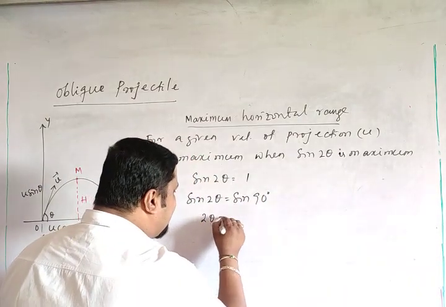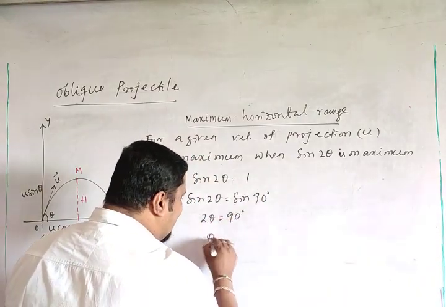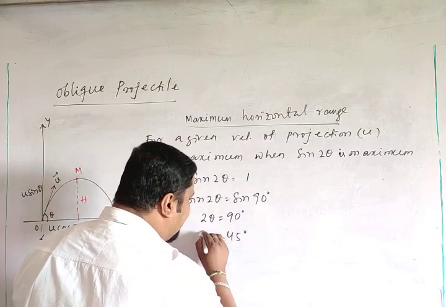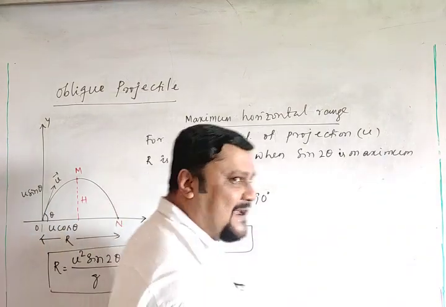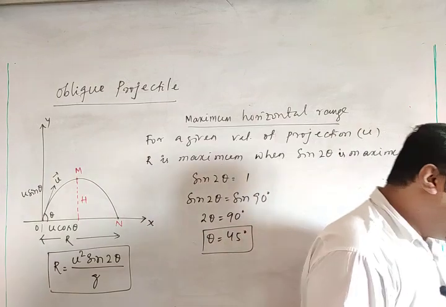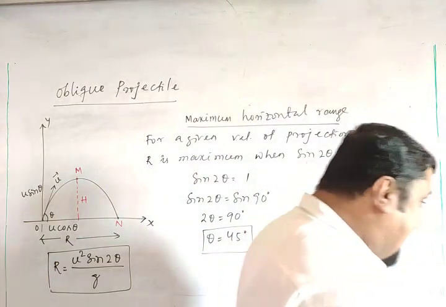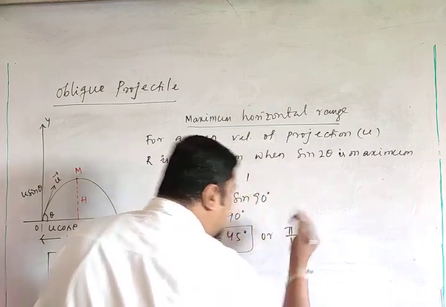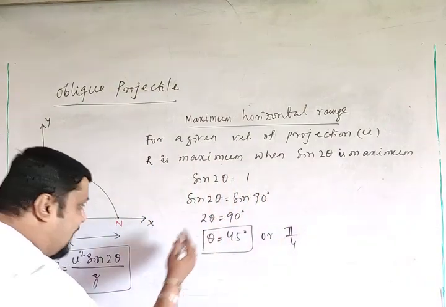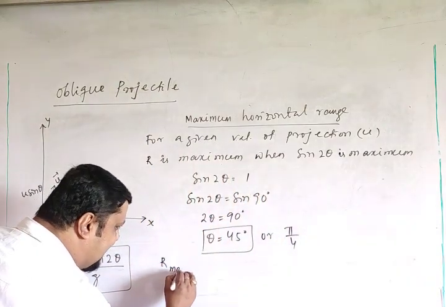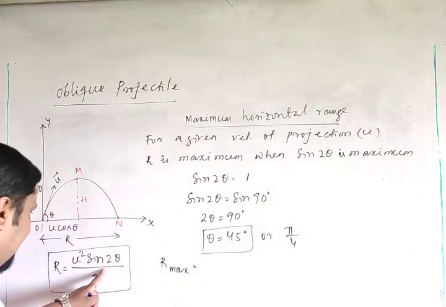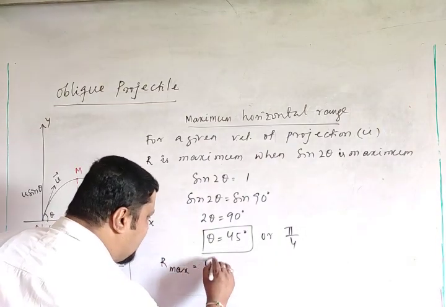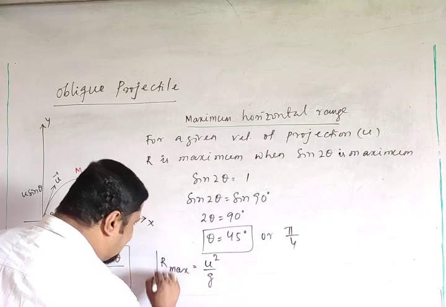So 2 theta is equal to 90, so theta is equal to 45 degree, or pi by 4 radian. And the maximum range, R max, is equal to u square by g. That is the expression.